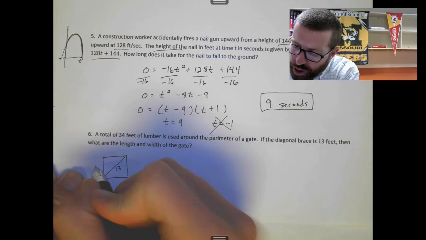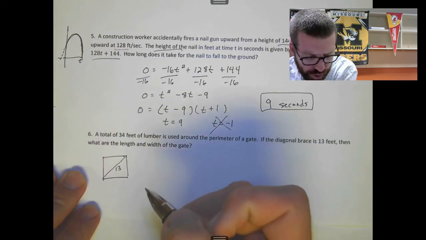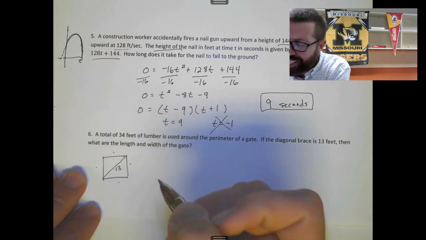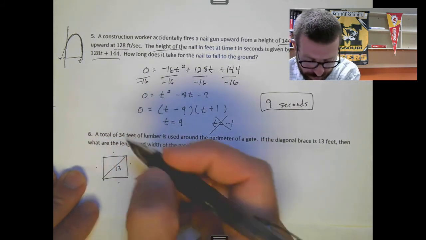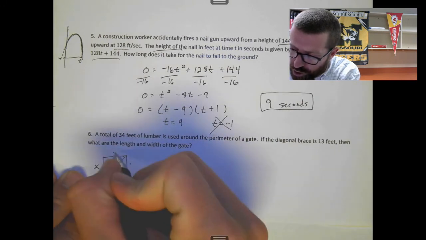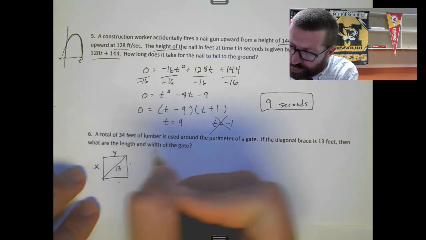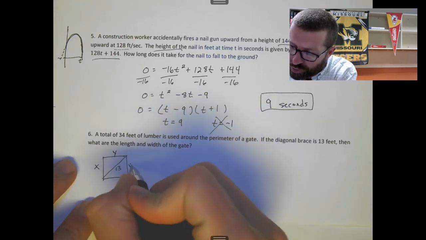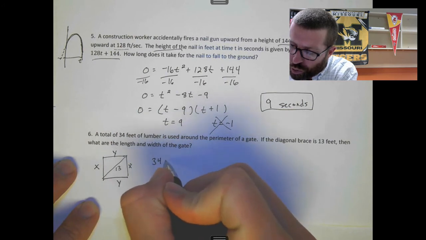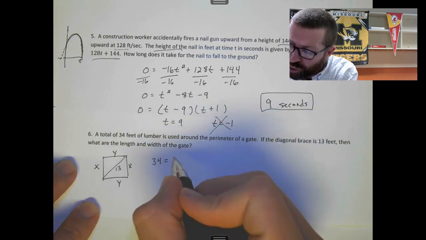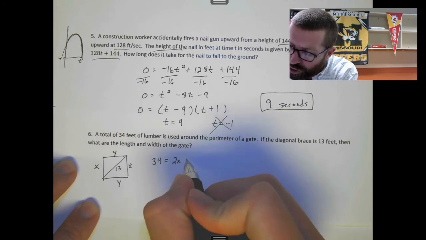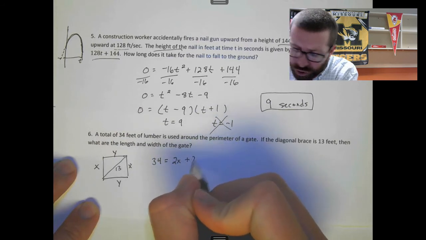And then if we add up all the way around all of these sides, then I get 34. And so let's just use x and y. So 34 is equal to 2x plus 2y.